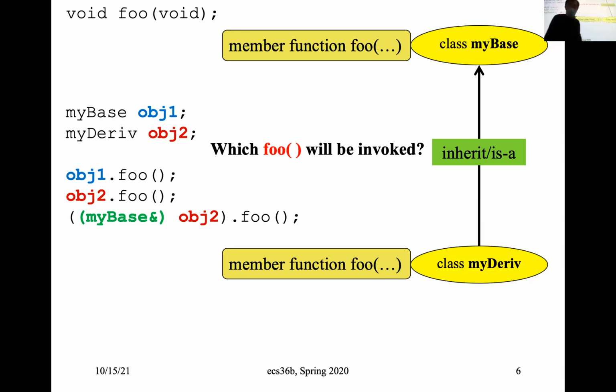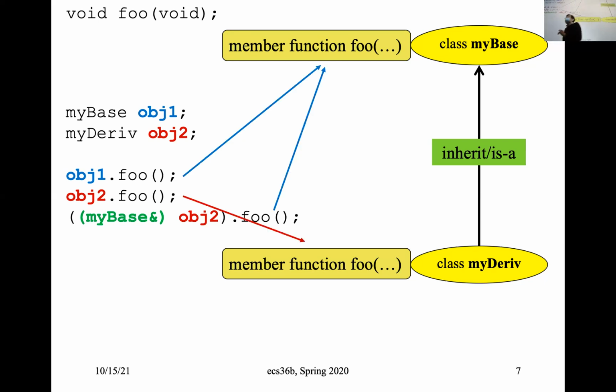Here, this is the result, it looks like this. So the first line is going to call the base version of foo, and the third one also will go to that. The second one will go to derived. That makes sense, right? That's conceptually what you would have expected about the behavior.